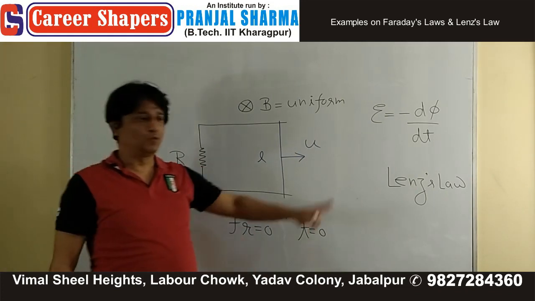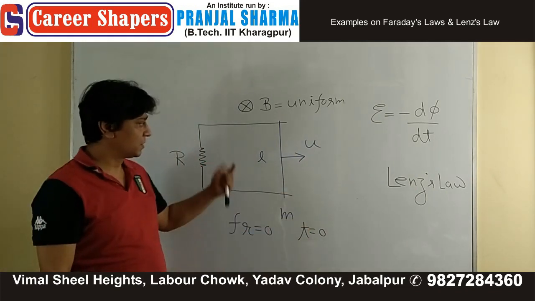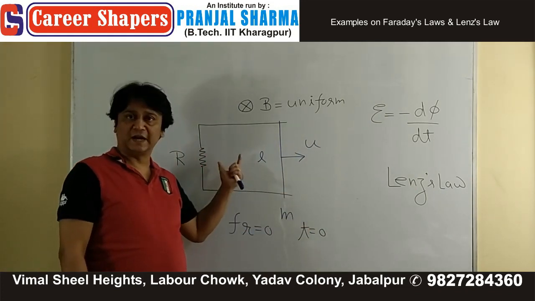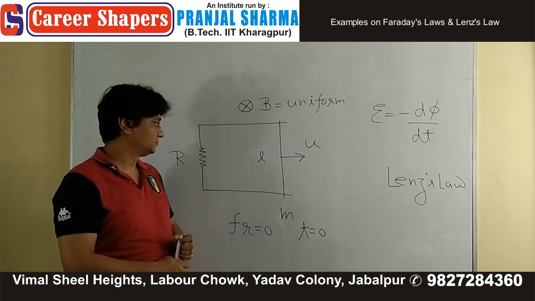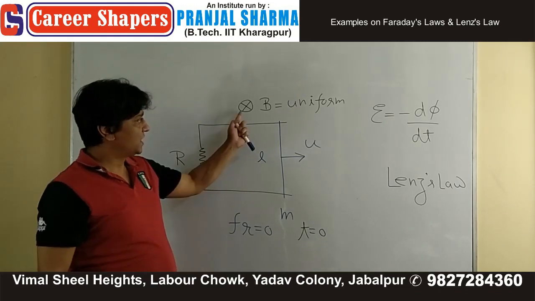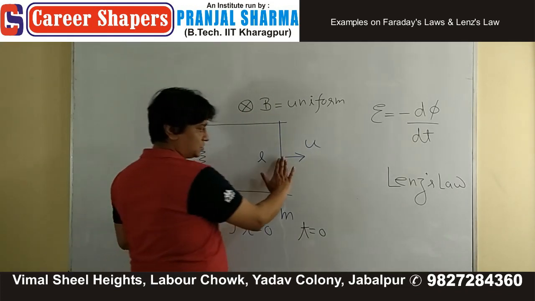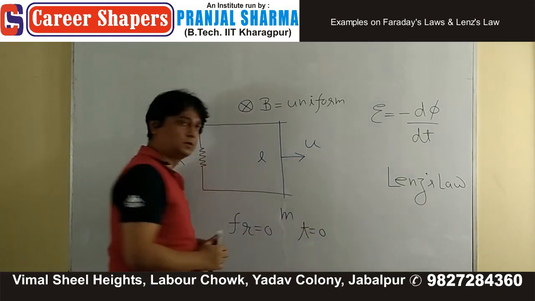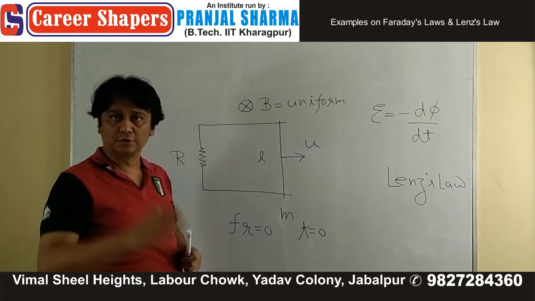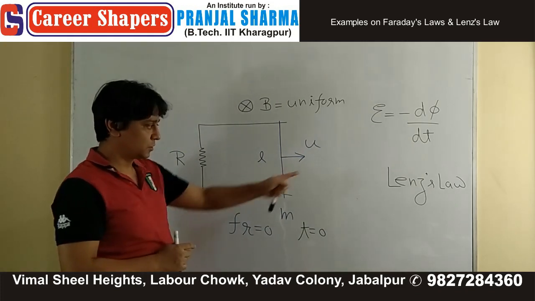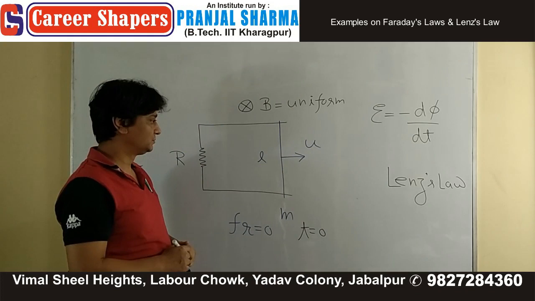How can we take advantage of Lenz's law in deciding the direction of current? The magnetic field is inwards, and as this rod moves in this direction, there are two ways we'll use the concept of Lenz's law.